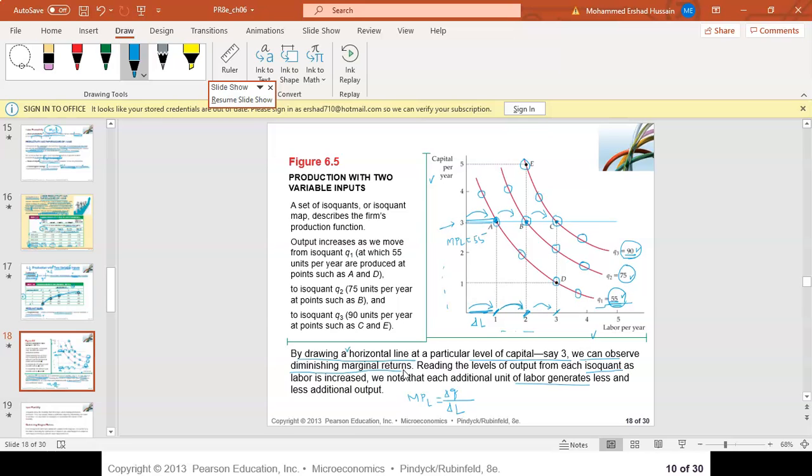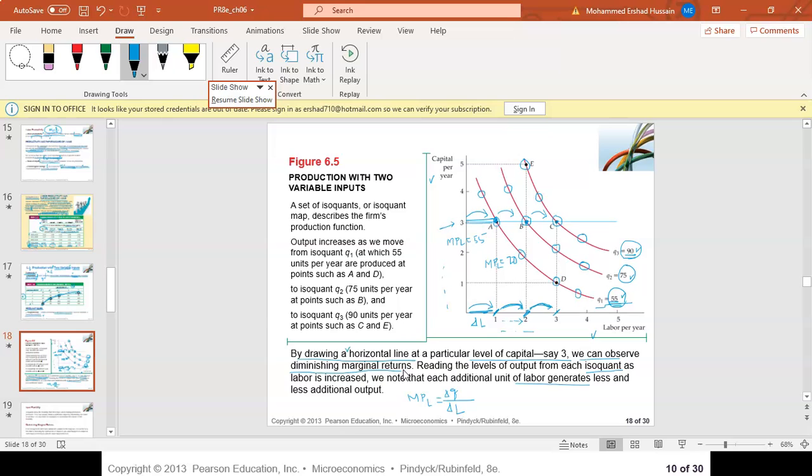On the other hand, for the second unit, what happens? Marginal product from A to B, which is the marginal product of labor. B is 75, A is 55, so it's 20, a 20 increase in output. Then what about the next one?